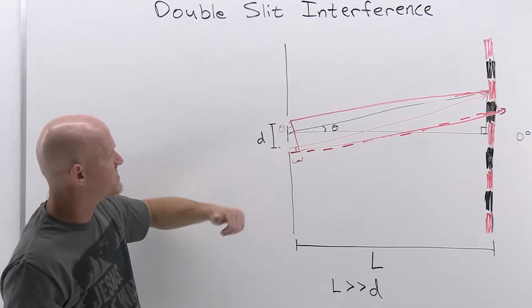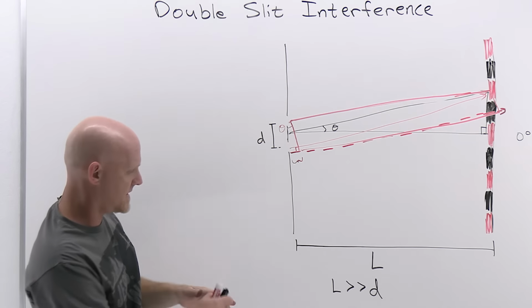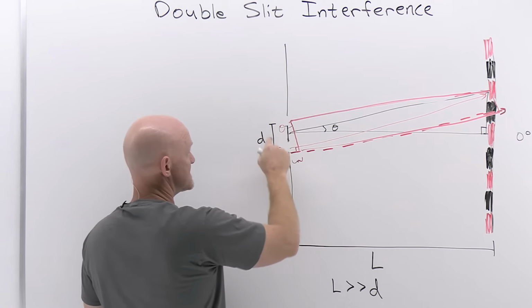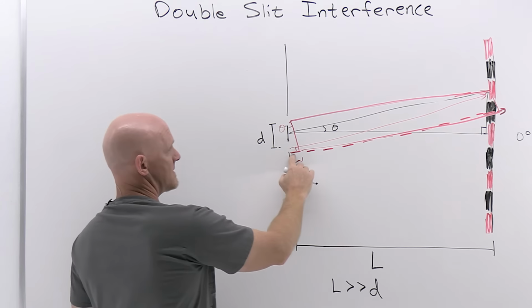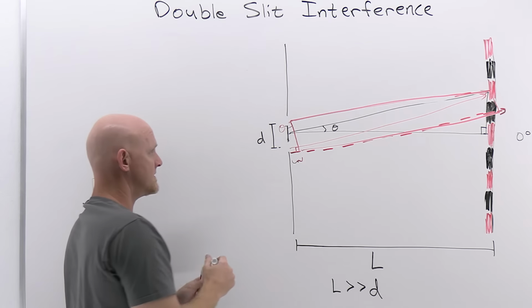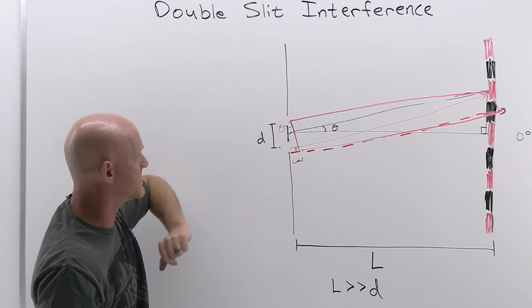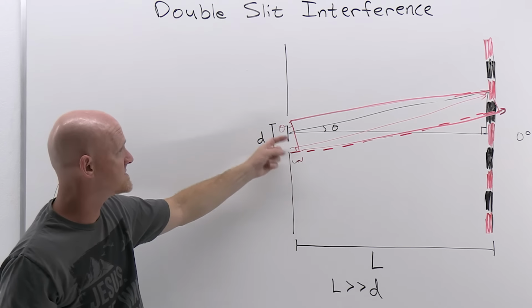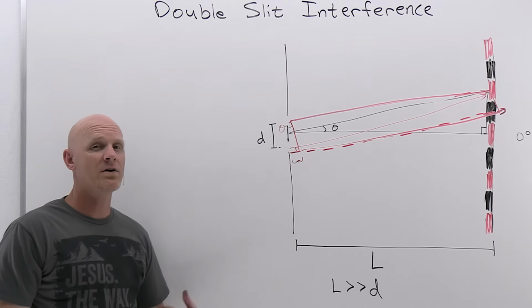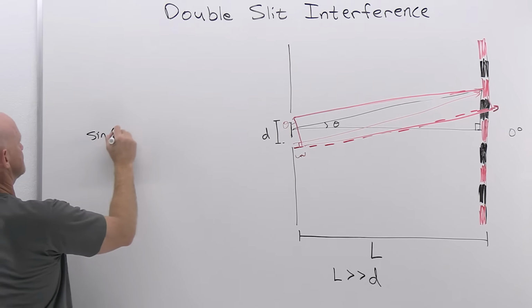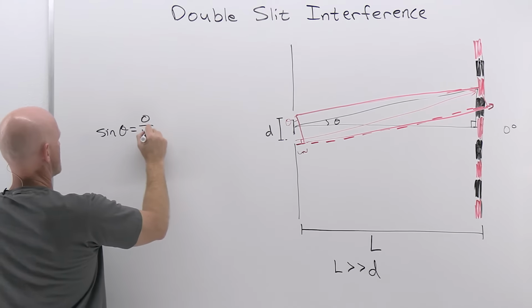So now we see we've got a right triangle with theta right here. This side of the triangle right here is the distance between those slits, which is d. So d is the hypotenuse in our lovely right triangle, and this is the short side, the side opposite our angle theta. And if you recall, sine of theta is equal to opposite over hypotenuse.